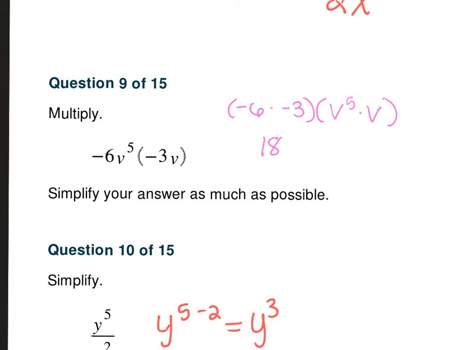Remember, same sign, positive answer. Then, with my exponents on my variables, remember, same base, you just add the exponents. So this becomes 18v to the 6th because there's a 5 there and an imaginary 1 there. So 18v to the 6th is our final answer for 9.